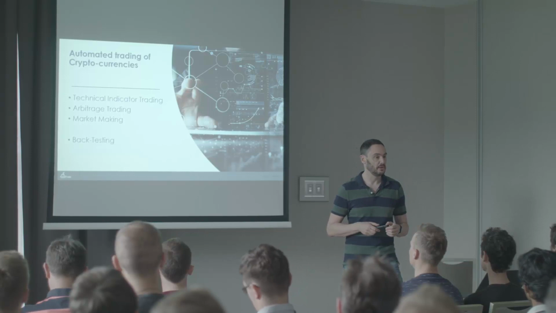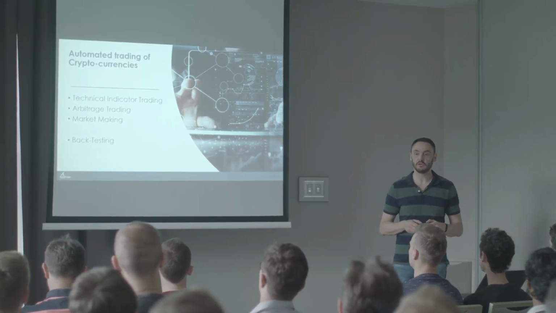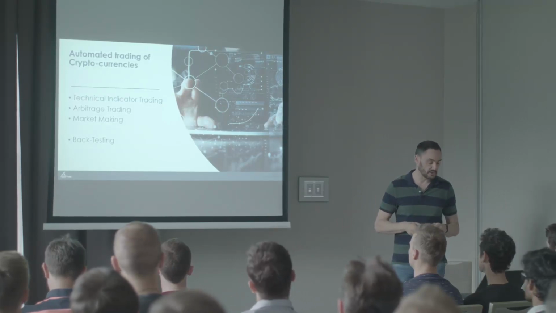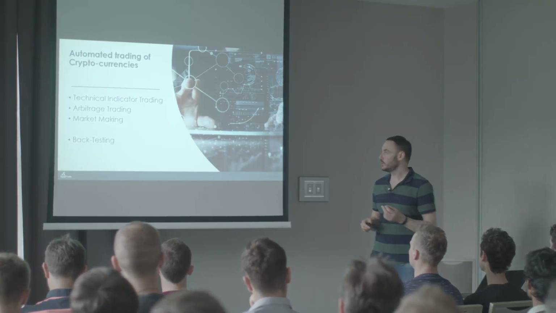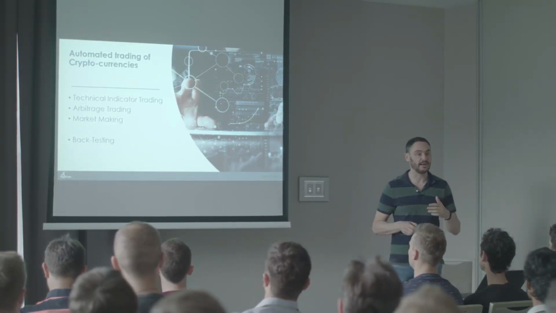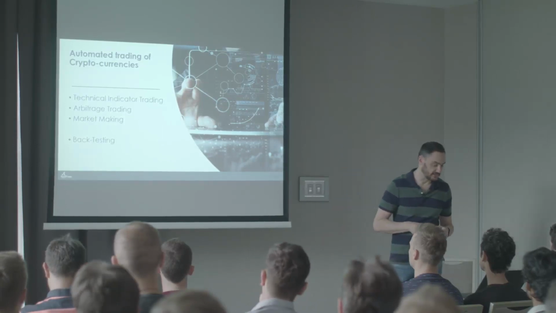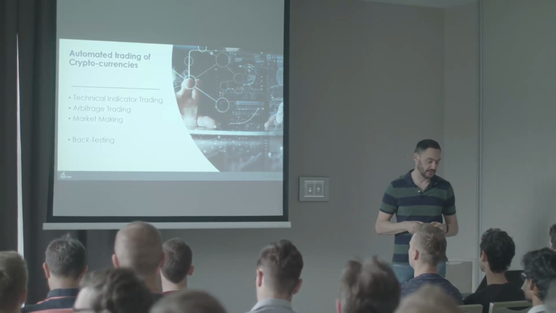A lot of people use those libraries. They do backtests with historical data and then figure out what works. Basically what you're doing with these technical indicators is trying to identify a trend, as the gentleman in the back said, and then trying to profit from that trend.